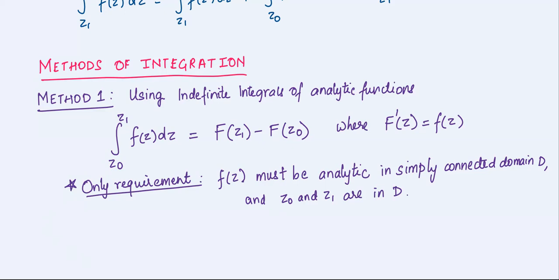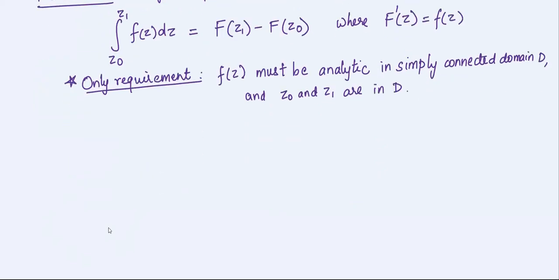So this is the requirement for this integration to happen. Let's take an example. Integral from 0 to 1 plus I of z square dz.